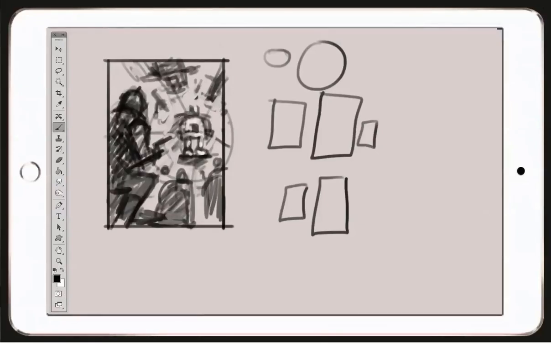So maybe the robot is flying with some kind of rocket belt or something that he has, which suggests a circle, but doesn't actually form a perfect circle. Just a suggestion that there's a circular shape there, an implied shape. There are implied shapes and there are implied lines. Remember, if you think back to some of the other videos that I have on composition where I talk about implied shapes. Let's say, for example, take a look over here.